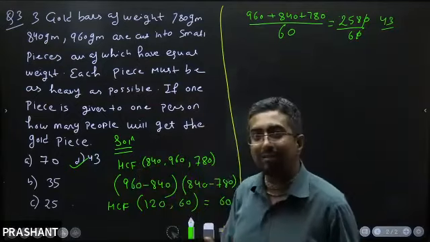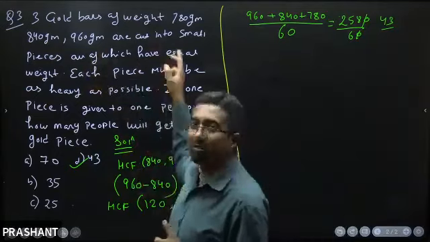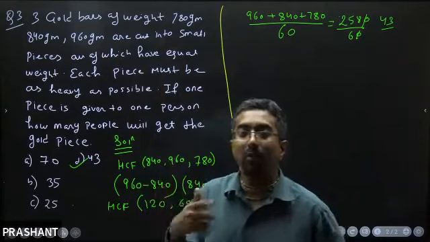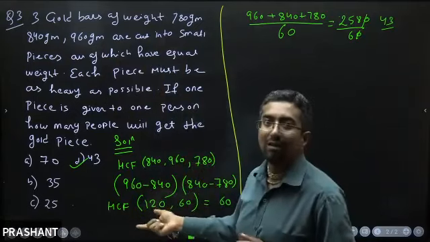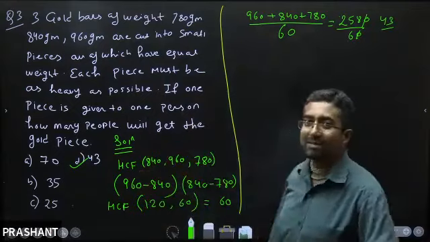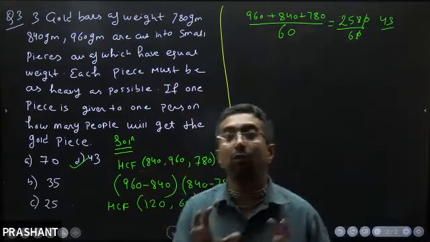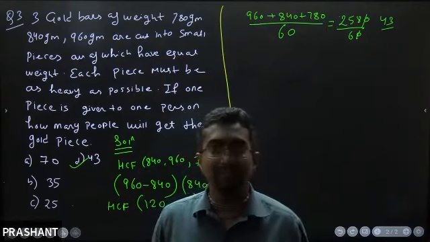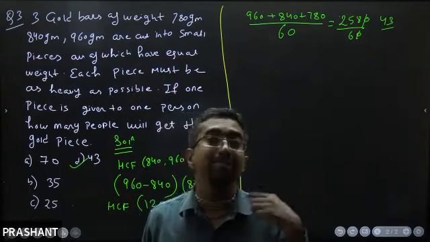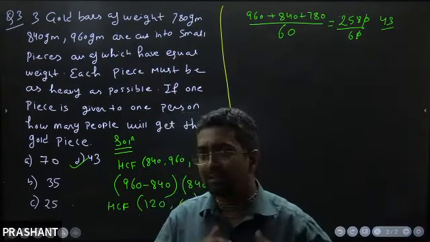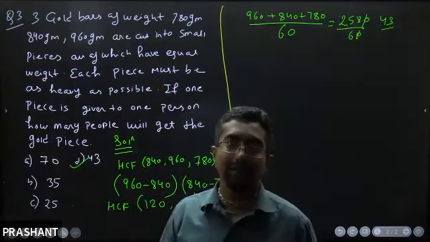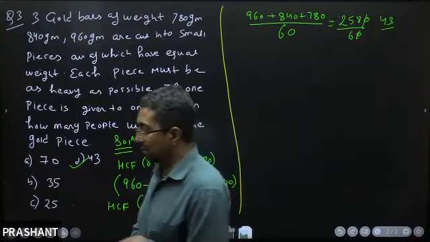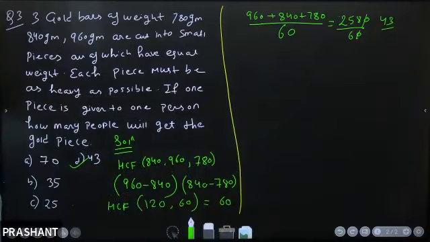So total gold कितना है मेरे पास, I have the summation of all 3 and maximum heavy possible छोटा सा कितना बन सकता है, that is 60. तो हम ये तीनों को ऐड करके डिवाइड बाय 60 करेंगे, मतलब मेरे पास 43 गोल्ड बार्स बनेंगे, the weight of each gold bar will be 60 grams and that 60 gram gold piece will be distributed to 43 people. Correct? Understood? Okay. Anyone has doubt?